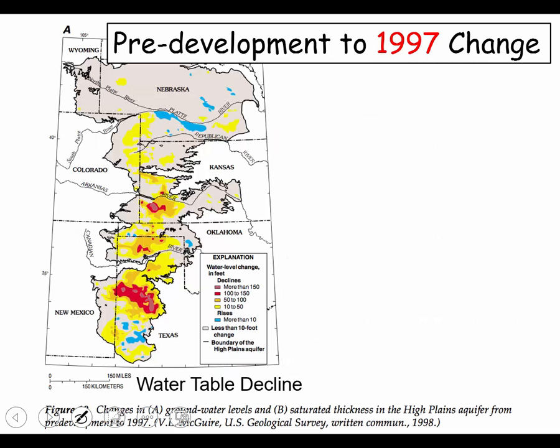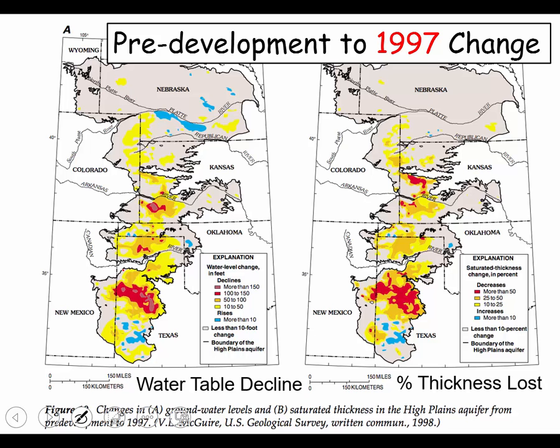Okay. The greatest drops through 1997 are actually sitting here in the Panhandle, okay, where we're looking at the percent thickness. Over half of the thickness of that water column is gone already.